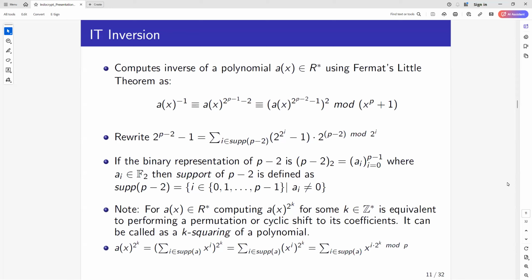It always performs a k squaring and a multiplication, and an extra k squaring and multiplication whenever the exponent has ones. For ones, it performs an extra k squaring and multiplication. For 0, it only performs the first. And since we are working on characteristic 2 polynomials, the k squaring, that means a x power 2 power k, can be done by just the permutation or shifting of coefficients.